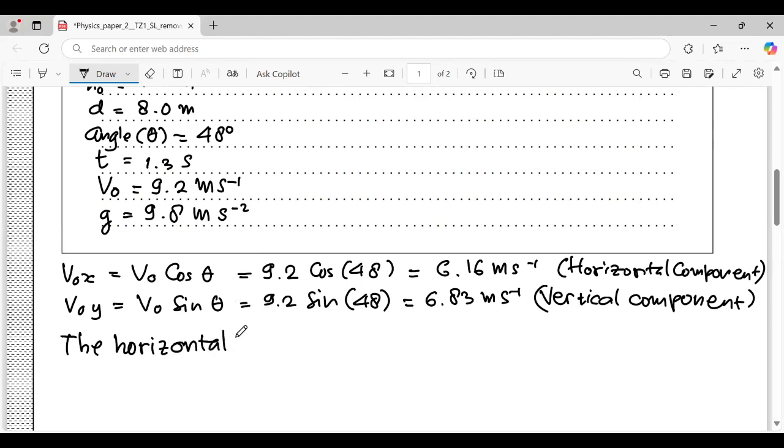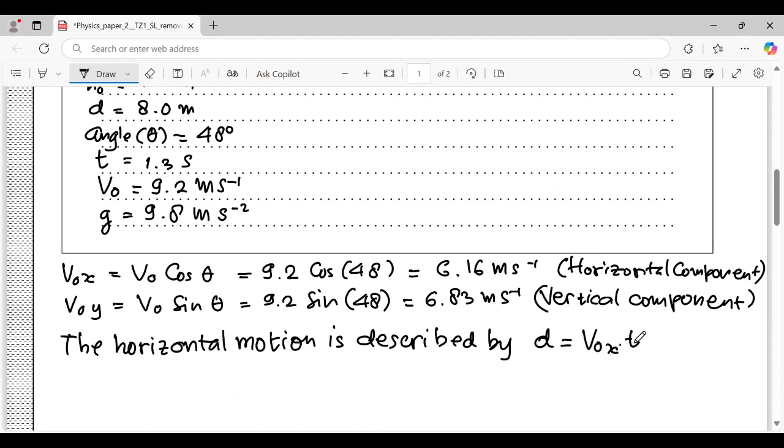The horizontal motion is described by the equation d, the distance, equal v0x times t.